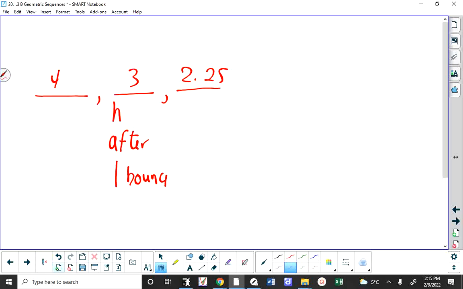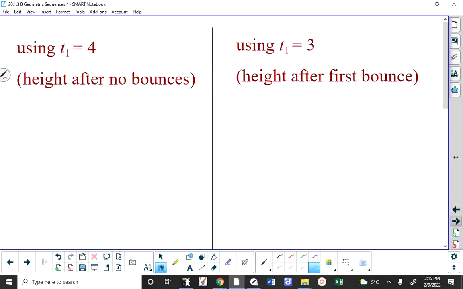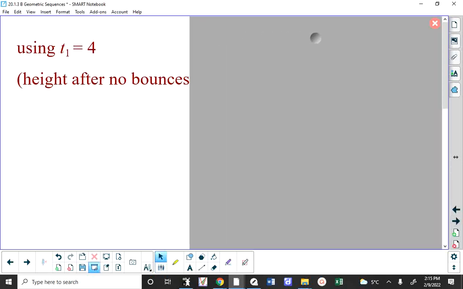Look at your diagram. Here's bounce 1. The height after bounce 1 is actually the second term. You catching my drift here? So we have two options here. One of the options is to use 4 equals the first term.